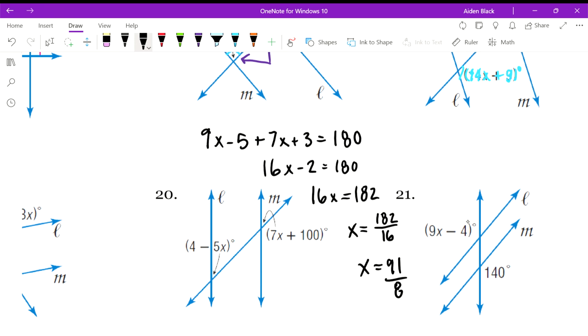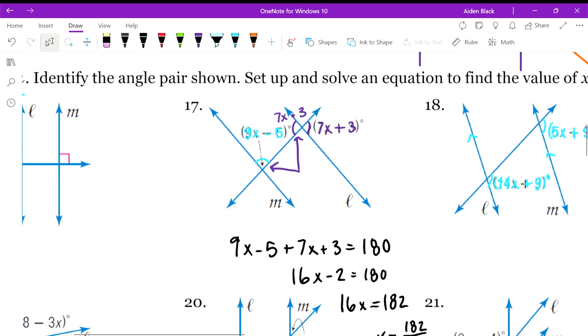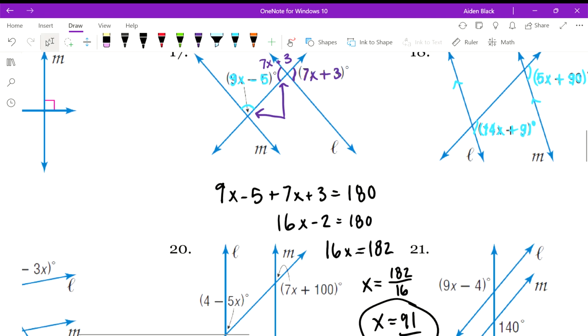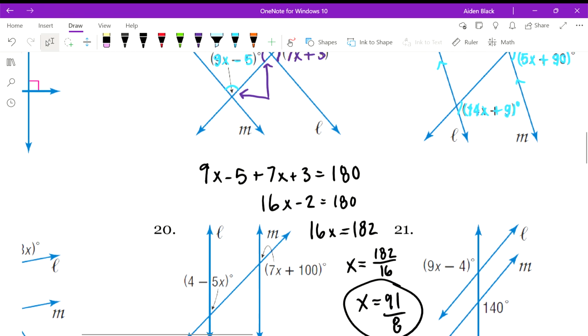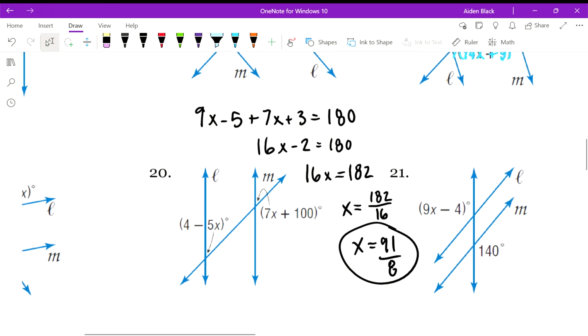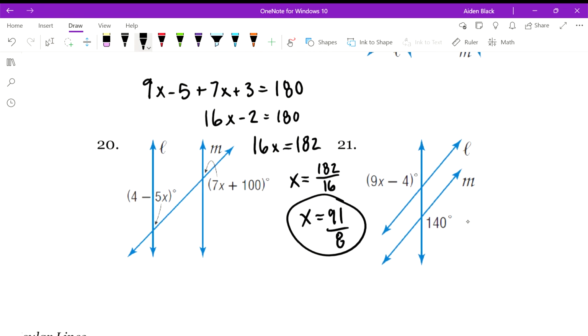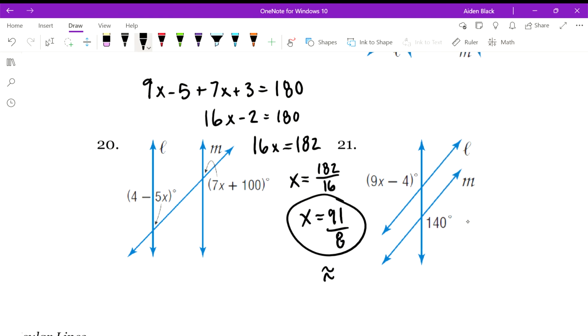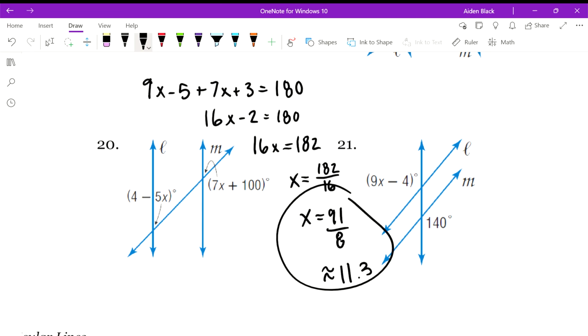Now this is kind of an interesting answer, so I'm just going to double check I wrote these right. 9x minus 5, 7x plus 3. 16x, it's minus 2. Add 2. Okay, it appears to be good. So this is what we get. We can say it's approximately 11.3. Okay, and that's what those should look like.